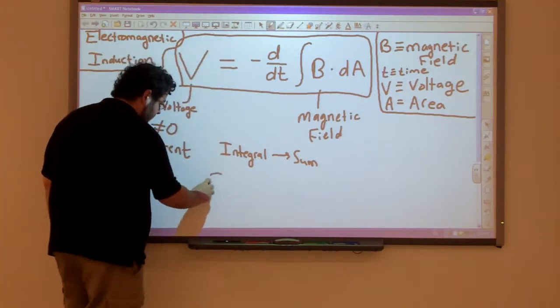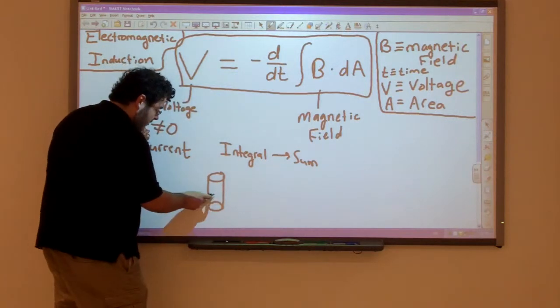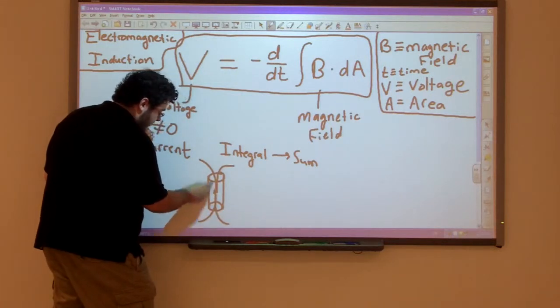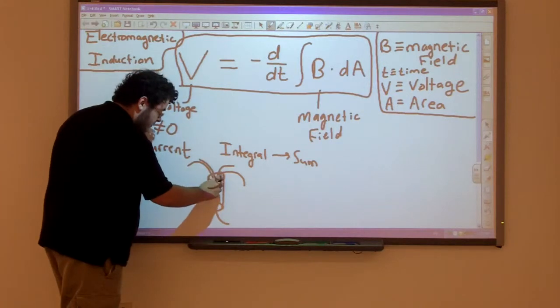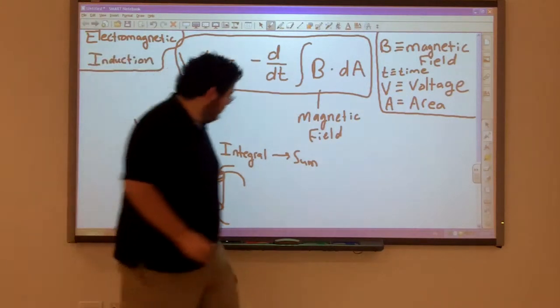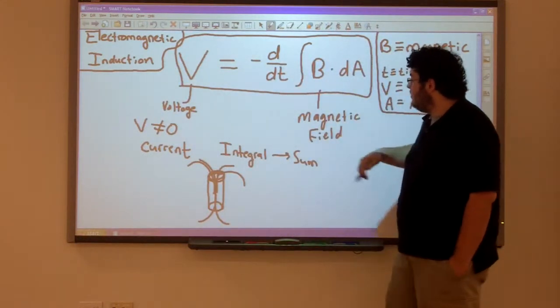So if we have a cylinder, if we want to add up how much field is in that cylinder, we just do an integral. We add up all the fields over some area right here. That's all we do. So this is just adding up electric or magnetic fields.